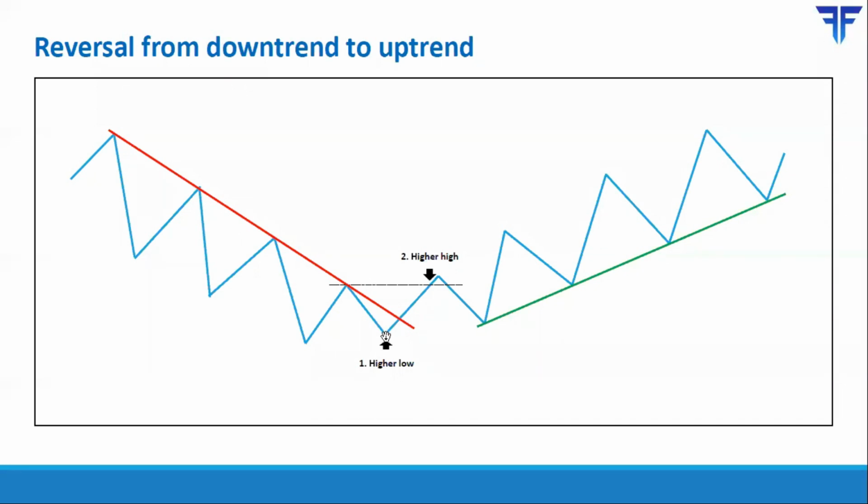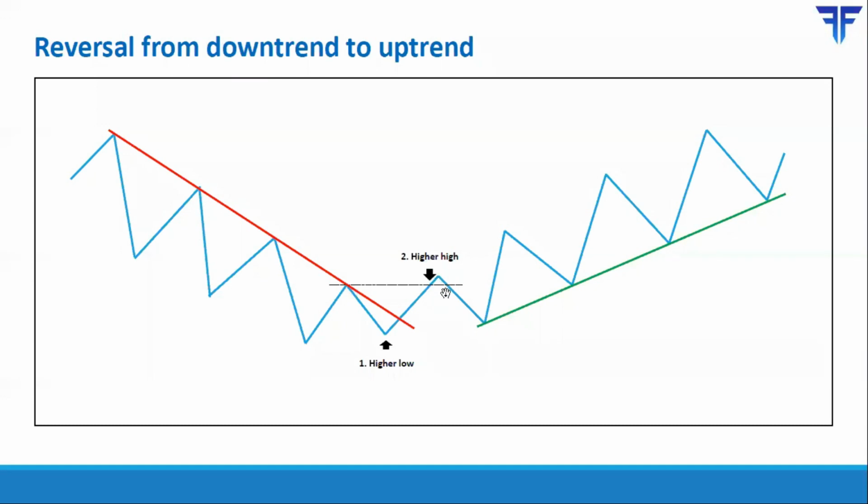If going forward, the previous high is broken, that would signal a reversal of this downtrend. So as you can see, going forward in time, the previous high was indeed broken. So that was a confirmation that this downtrend has ended. And now you have a first sequence of higher low and higher high over here.